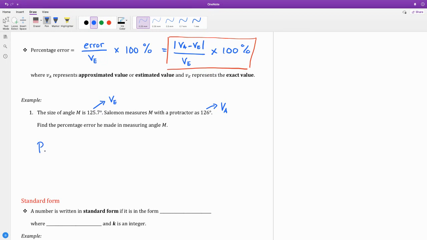Therefore, percentage error equals the absolute value of VA minus VE, divided by VE, times 100%.